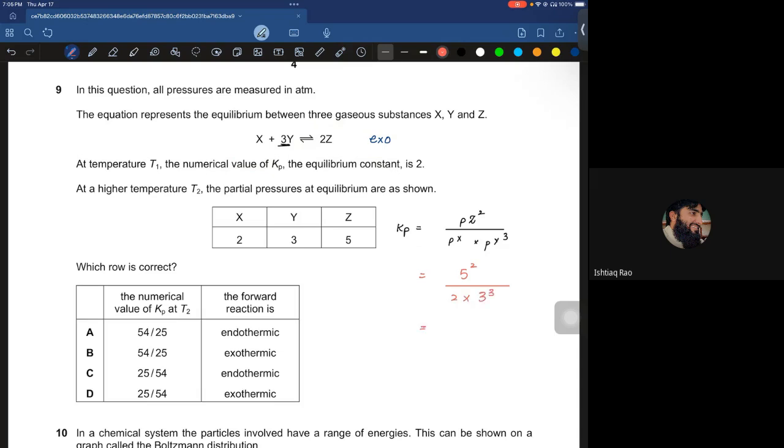If you solve it, 3 3s are 9, 9 3s are 27, 27 times 2 is 54. So 25 upon 54. It should be this and this, maybe C, maybe D. Since the reaction is exothermic, the answer is D. Okay, simple.